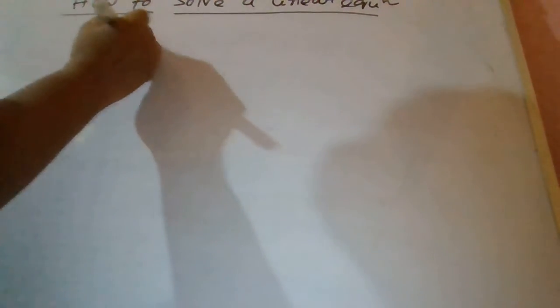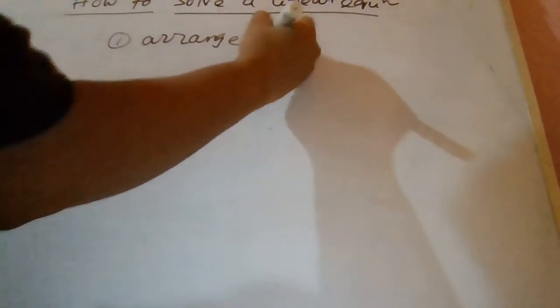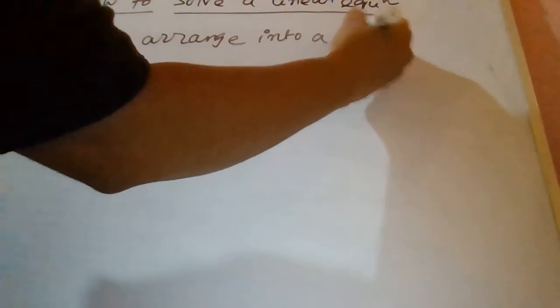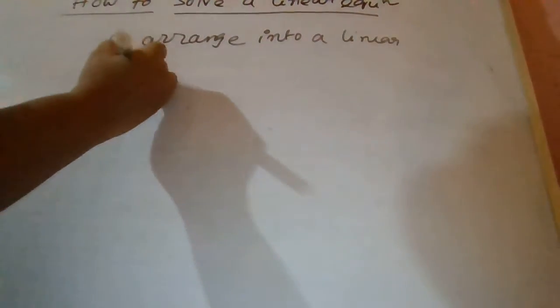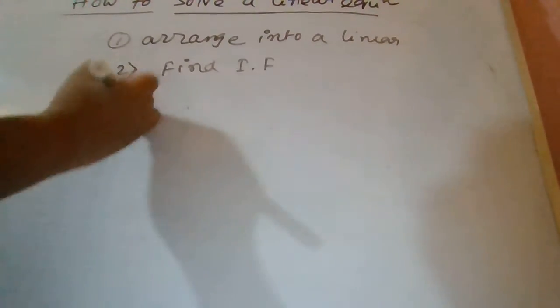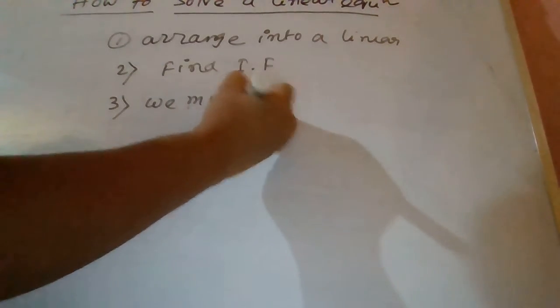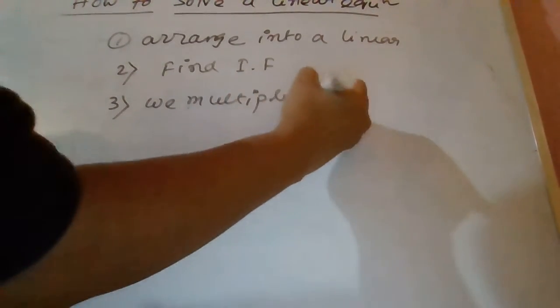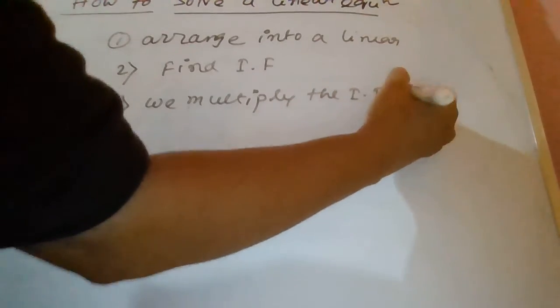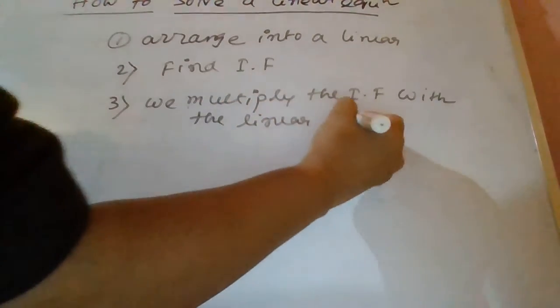Now we solve the equation. First part is we arrange the equation into a linear form. Second part is we find the integrating factor. Third part is we multiply the integrating factor with the linear form.